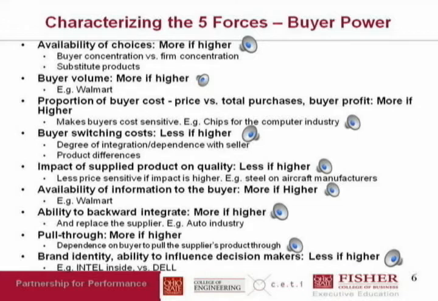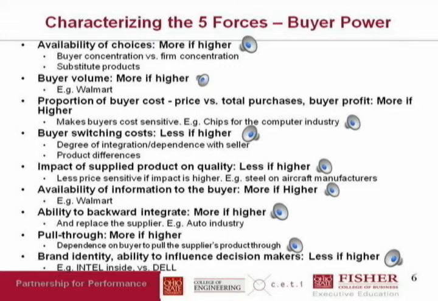In that case, the buyer is likely to be extremely price sensitive with respect to the product that he or she buys from this high cost seller. This doesn't directly increase buyer power, but influences it. So if there is another seller on the horizon that can sell that product at a lower cost, the buyer is highly incentivized to switch.